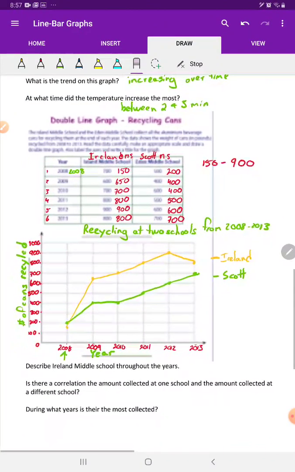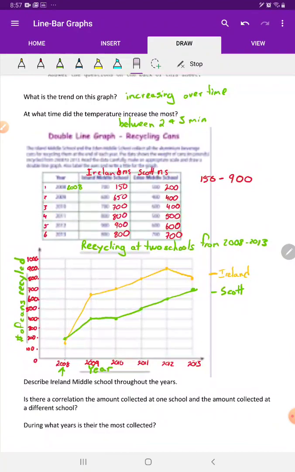Okay? All right. Describe Ireland Middle School throughout the years. Okay, so what would we say about Ireland Middle School? Let's go back to our orange. It increased a lot in 2009, but then only slowly increased.